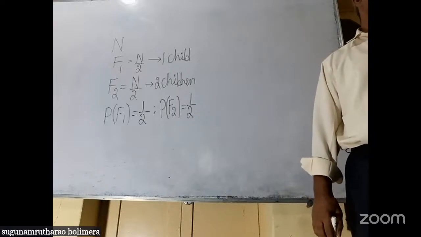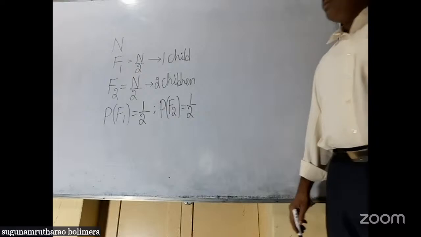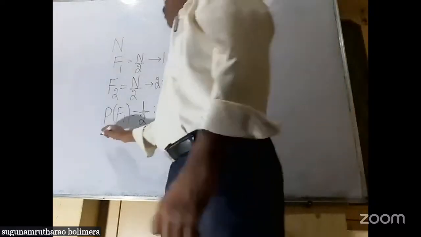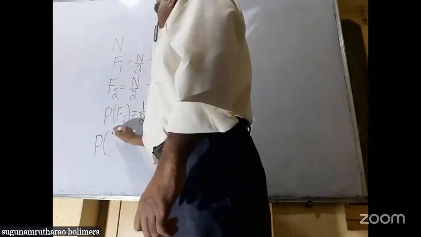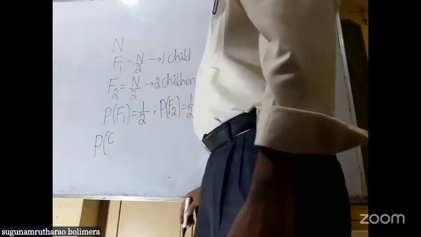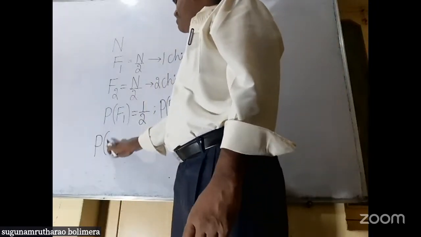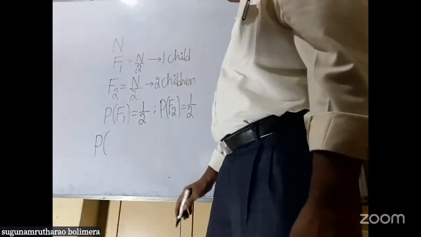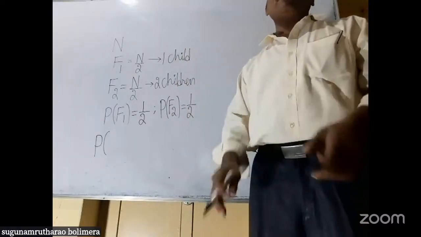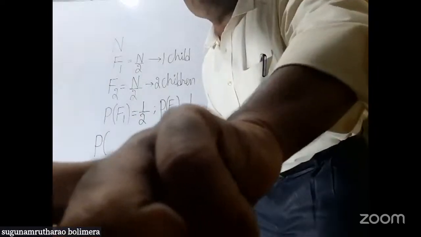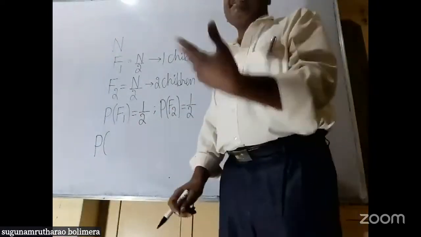Okay. What is the probability of selecting a child? You have selected a child. You have not taken F1 first. You have selected a child randomly.